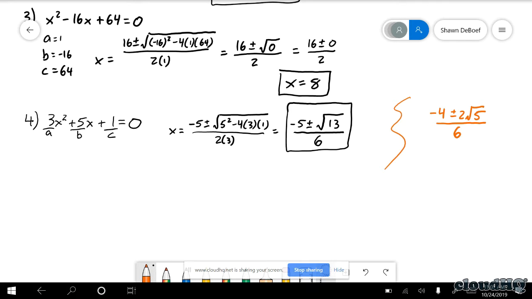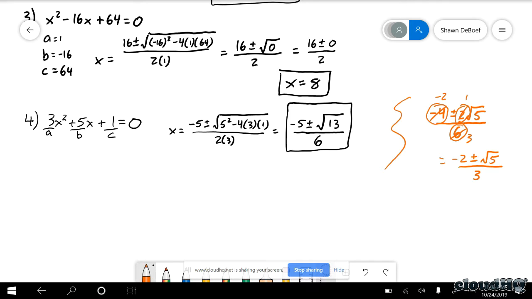Can this be factored further? You have to consider this constant, the coefficient in front of the square root, and the denominator. Can they all be divided by something? They could all be divided by 2, so we would do that. That would become a 1, that would become a 3. So our final answer would have been negative 2 plus or minus the square root of 5, over 3. It would have simplified to that. I didn't have to worry about it on the example we just did.